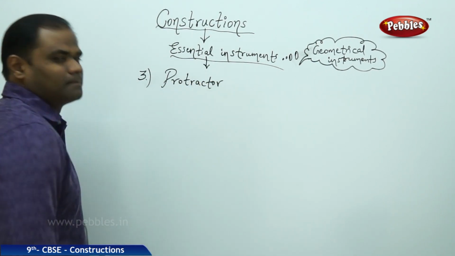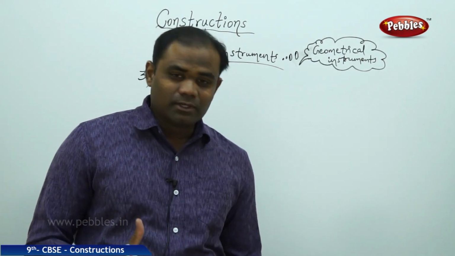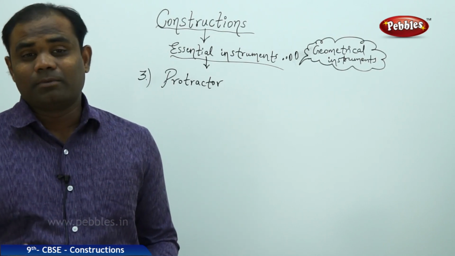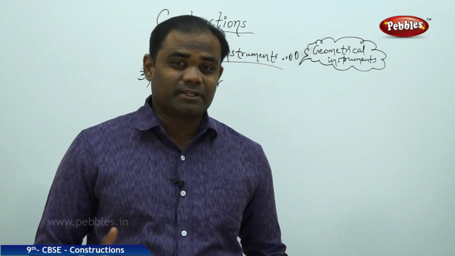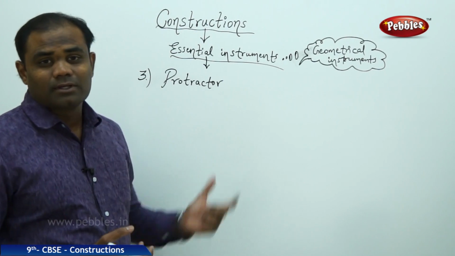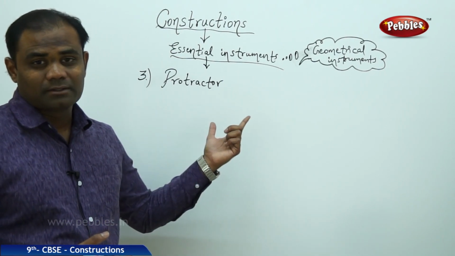What is the significance of protractor? Just like the ruler has its significance in drawing perfect straight lines, and a compass has its significance in drawing perfect circles or perfect arcs, similarly a protractor has its own significance. Let's see the significance of protractor in real life.